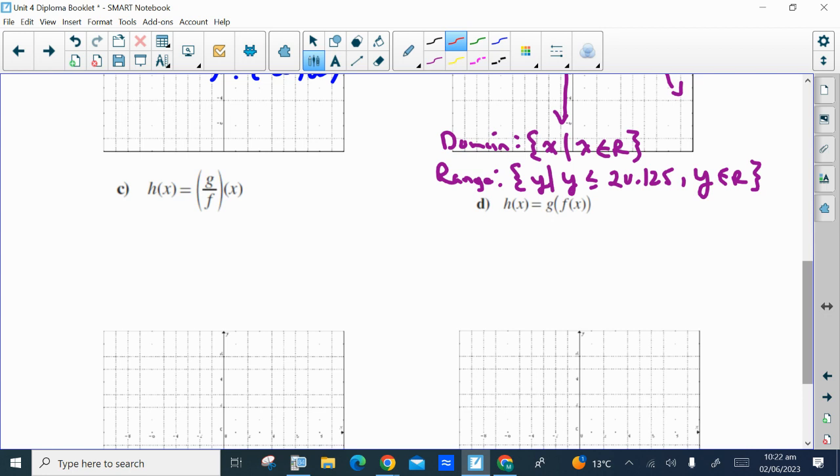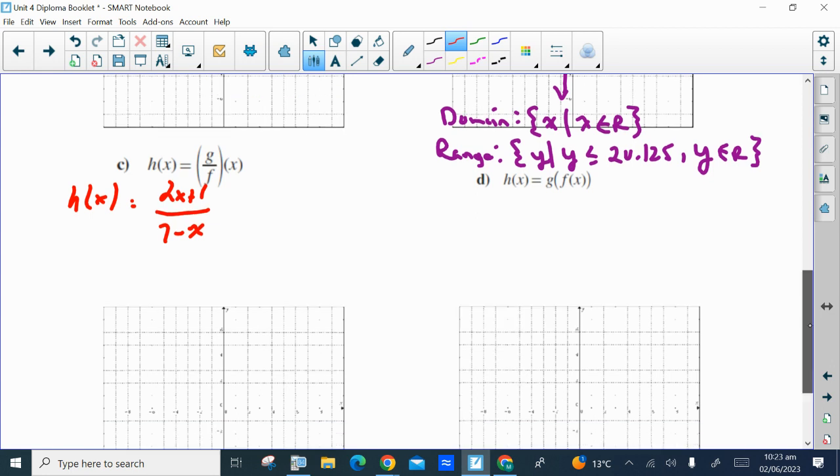Question C, you're looking at the quotient of the two, g on top and f on the bottom. So g on top, that's 2x plus 1. f on the bottom is my 7 minus x. So this is a rational function, and rational functions often have vertical asymptotes. They come from the non-permissible value of the denominator.